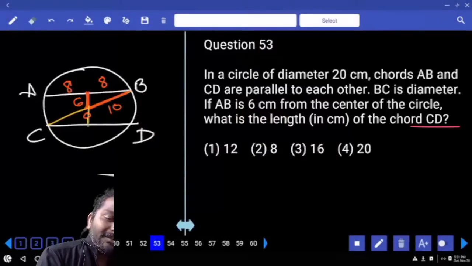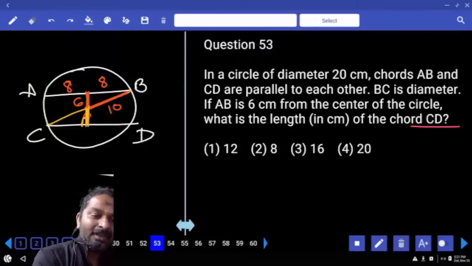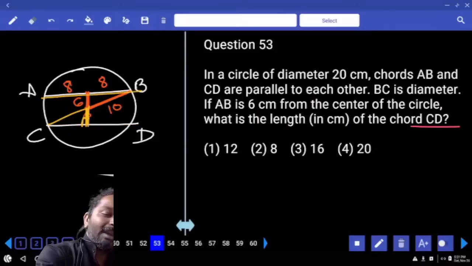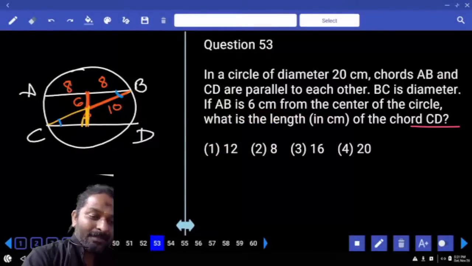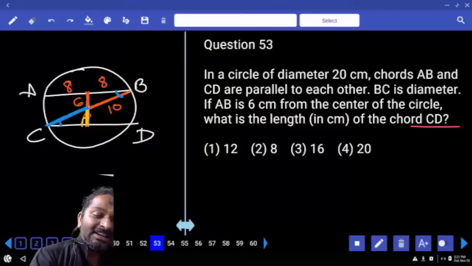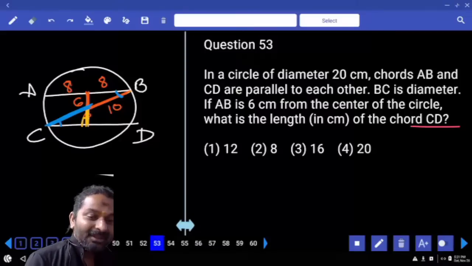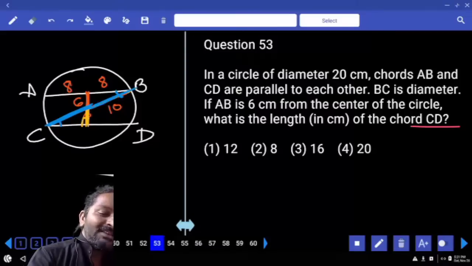From the center, if you again draw a line towards C and D, what is the angle that it makes here? Again 90 degrees. AB and CD both are parallel lines, right? If they are parallel lines, angle at B and angle at C must be the same. And OC is again, blue color one, OC is radius, OB is radius.